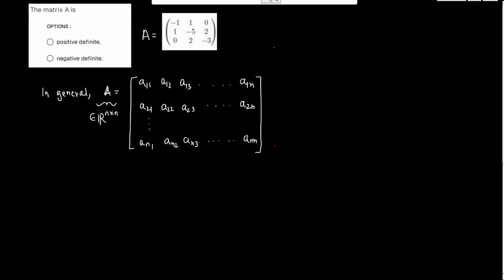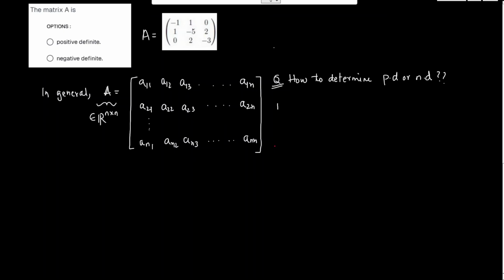So the question is how to determine if it is a positive semi-definite matrix or a positive definite matrix or a negative definite matrix, right? So let me write it as PD or ND, right? So there are several steps.